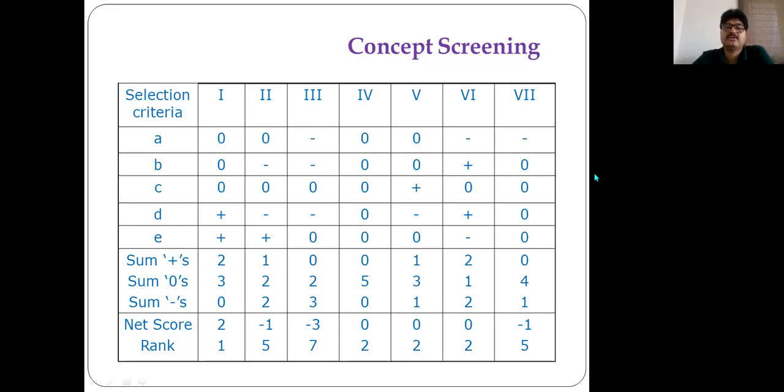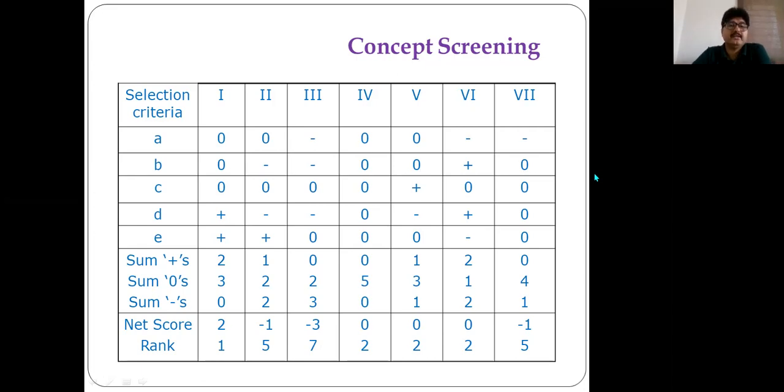Against the 4th concept, the 1st, 2nd, 3rd, 5th, 6th, 7th concepts give a relative difference against each selection criterion. You keep a cutoff, and that cutoff is compared across every concept you want to verify. If a concept gets better positive points, you consider taking it forward to the next level of screening.